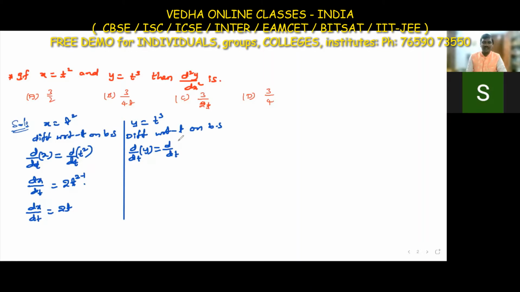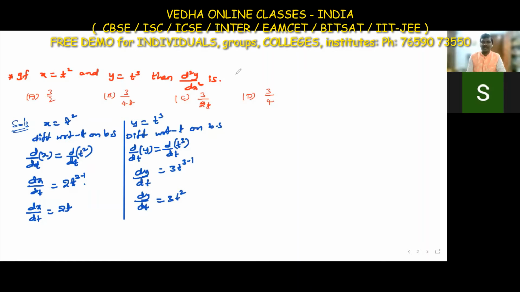That is 3 into t power 3 minus 1. Since we are differentiating with respect to t, no need for an internal derivative. So dy by dt is equal to 3t square.